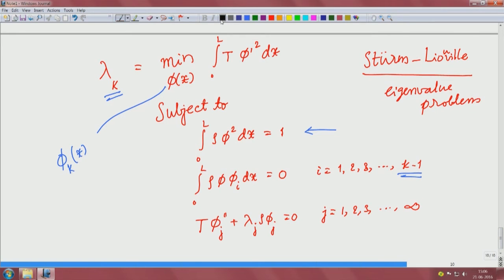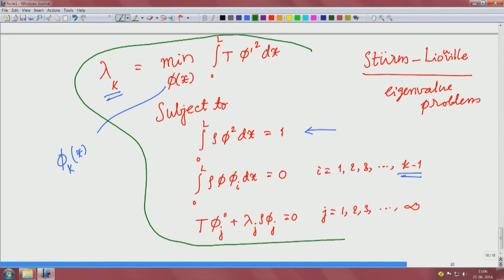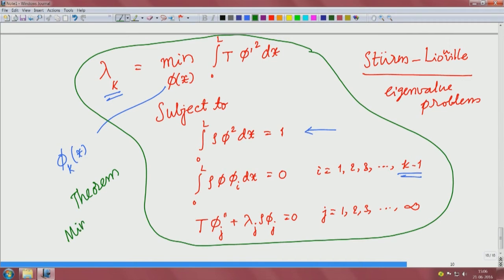So, this whole statement we have is our theorem. What is this theorem? It is the minimum characterization theorem for eigenvalue problems.